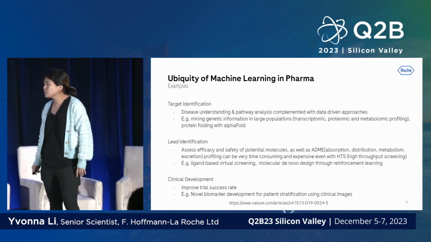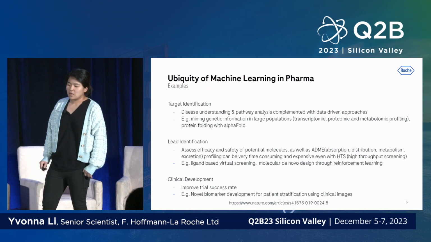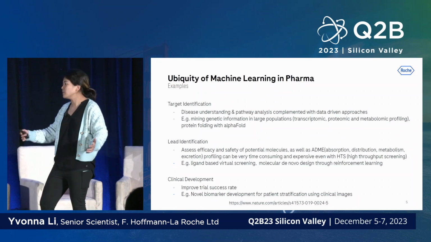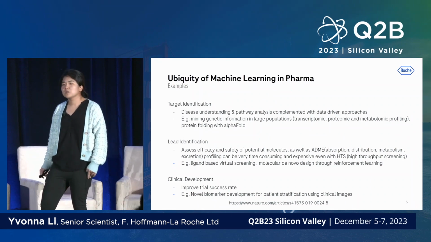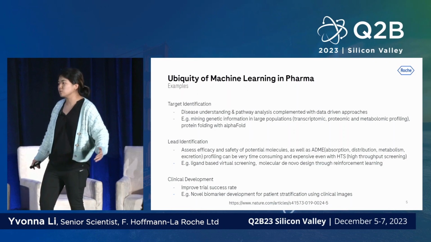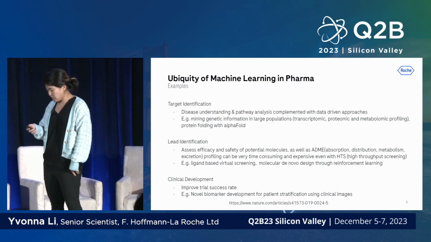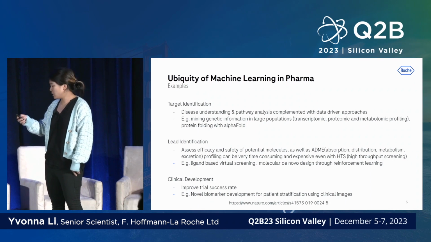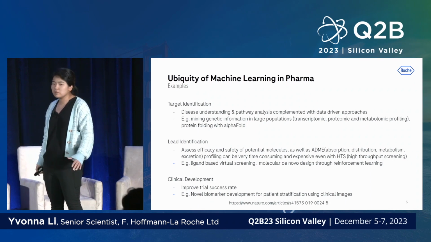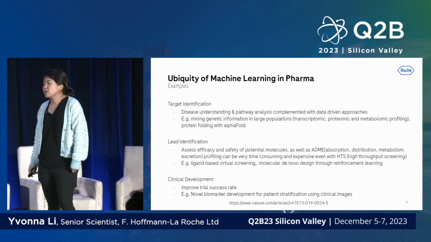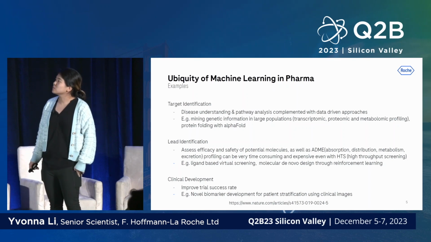So the ultimate goal here is to be able to stratify patients based on some kind of biomarker so that we can target patients who are the most likely to respond to our molecule instead of treating people point blank.